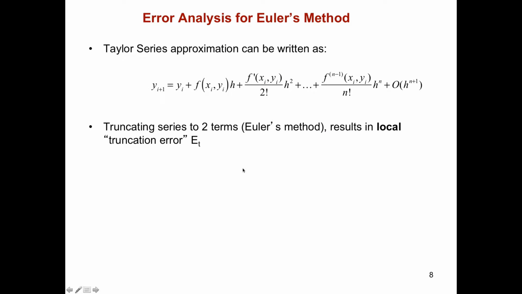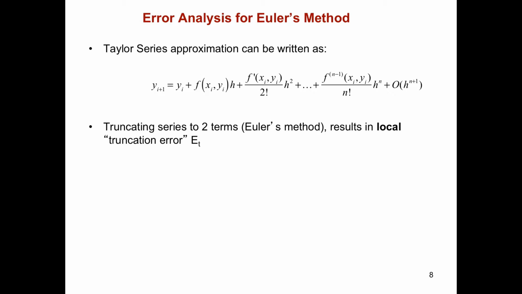Now, so the first time I do this, this is my error. But then after that, I'm working with this approximation y_{i+1} for y_{i+2}. Okay? So I already have the error that I'm making from just chopping off, truncating my Taylor series. And then I'm also propagating my old error because I'm working with an approximate value.